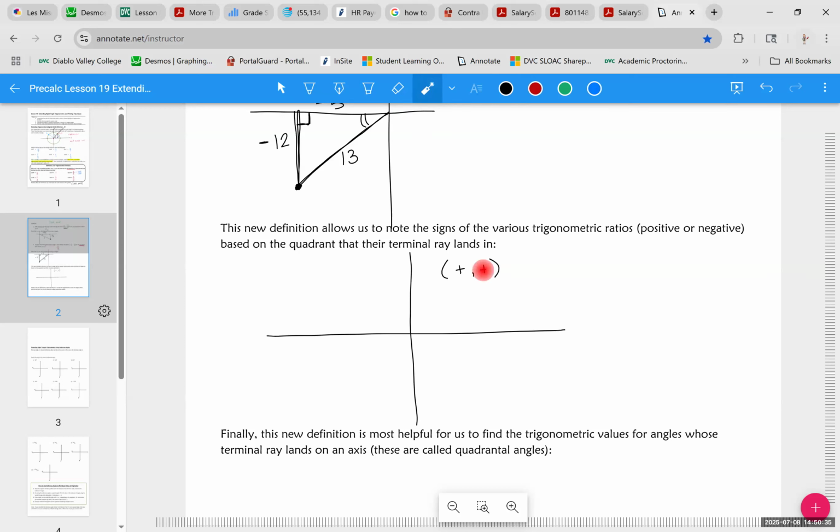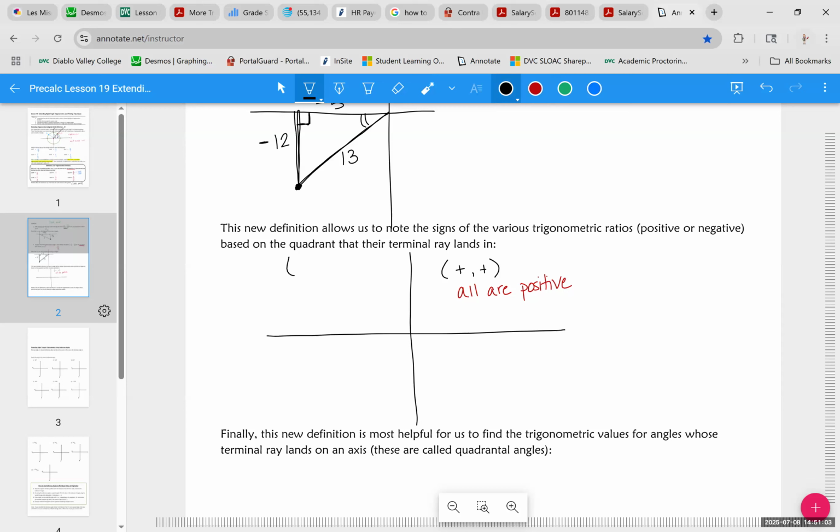My tangent, which is y over x, is also positive. And then all of them, when we take their reciprocals, would be positive. So in this quadrant, all of my trig ratios are positive. And that matches what we were doing. These are all acute angles, so if we drew them into triangles, they would all have positive sides. We're good to go. What about in the next quadrant?